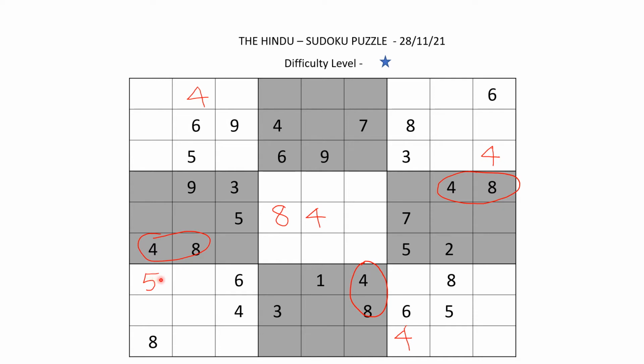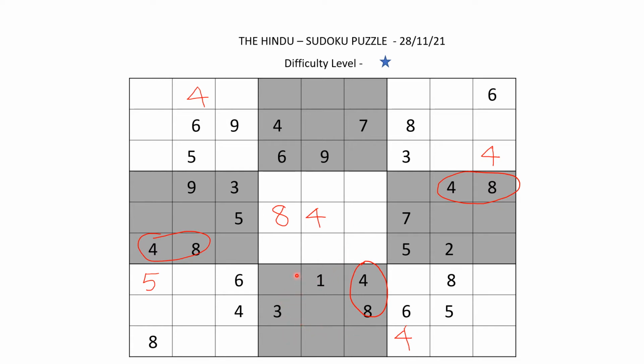Now this 5 blocks these cells and this 5 blocks here. That means this 5 has to come in one of these 3 cells. We don't have any other 5 in this vertical column to cross check. So let's leave this.